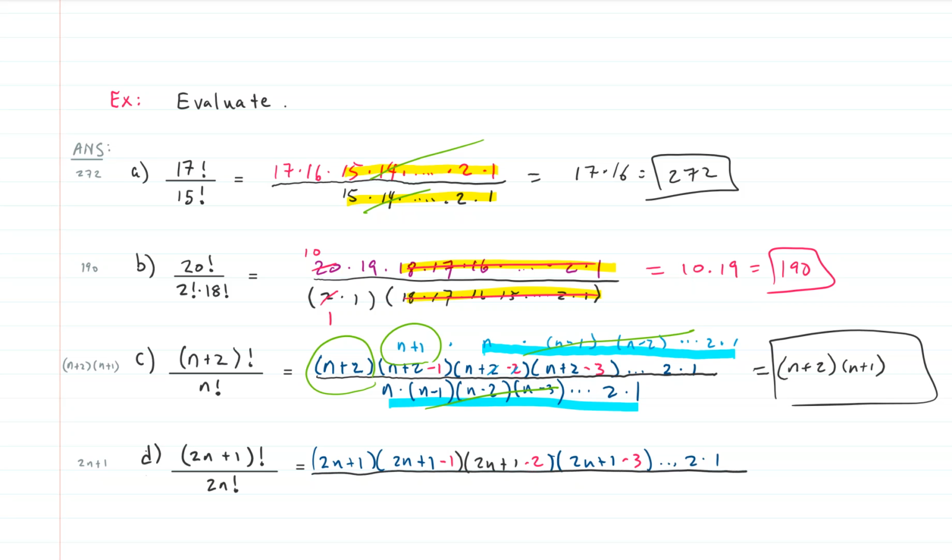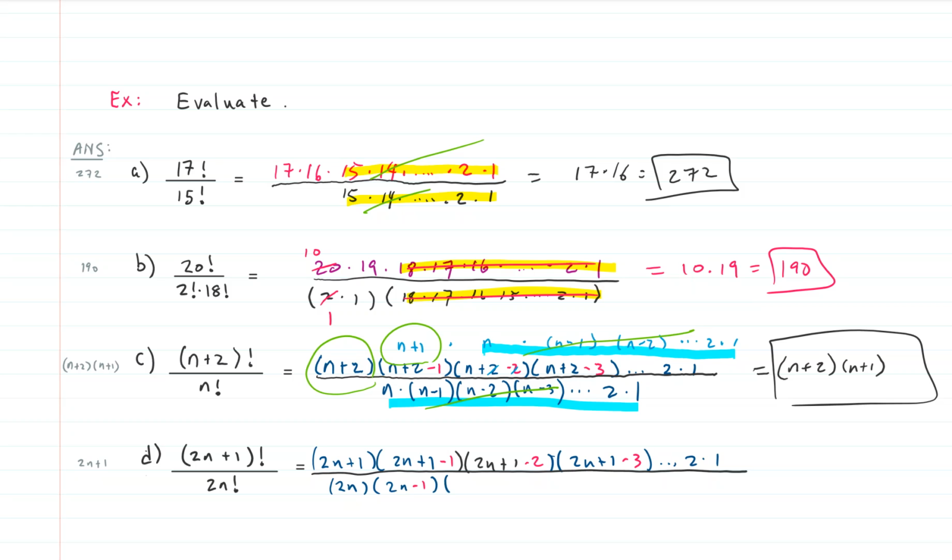We don't know what n is, so we don't know what 2n plus 1 is. But it's some positive integer, and if we keep subtracting 1, we're going to eventually get down to 3, 2, and 1. So we can just write that. The same thing with 2n. We don't know what 2n is, but whatever it is, if we keep subtracting 1, we'll eventually get down to 3, 2, 1.